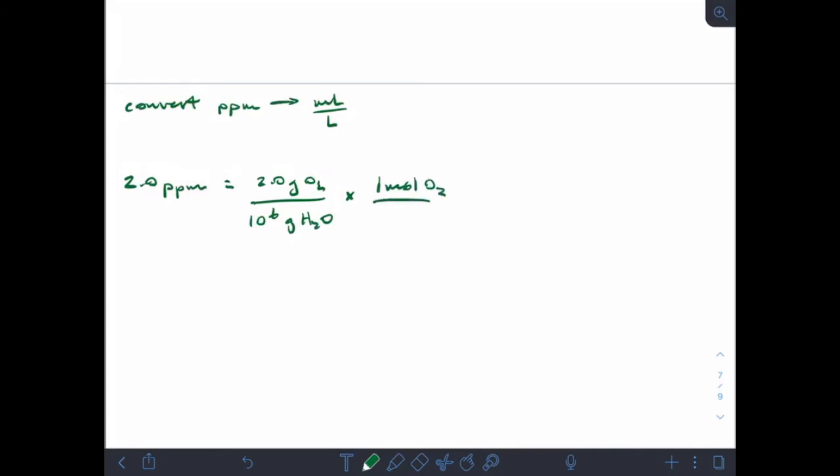Moles of O2 is roughly 32 grams. Okay, and at standard temperature and pressure, 1 mole of gas occupies 22.4 liters.